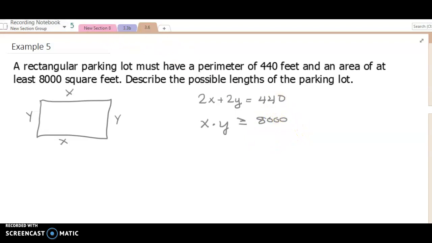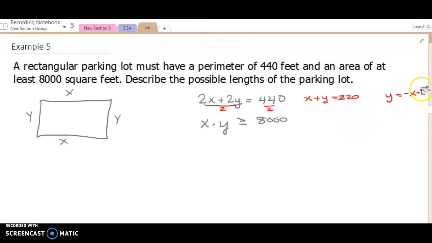Now if I do a little bit of math here, I have a system I want to solve, so I'm going to solve by substitution. If I divide both sides by 2, I get x plus y equals 220. Hold on, divide by 2, this is 220, I apologize.